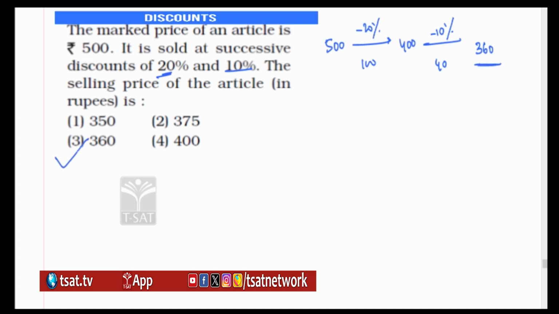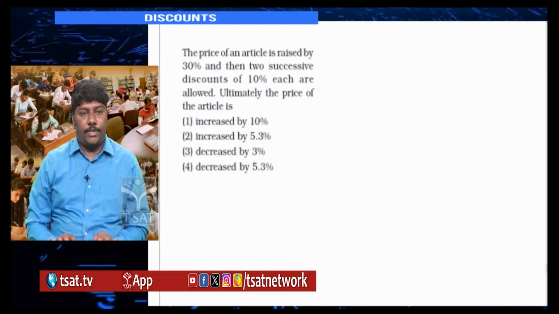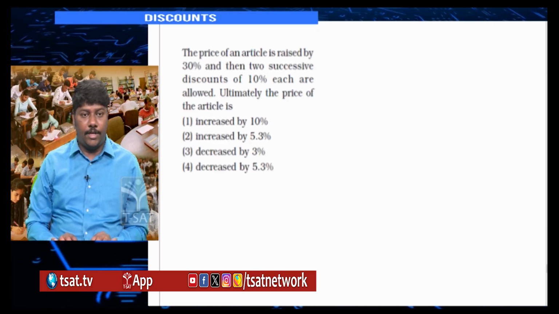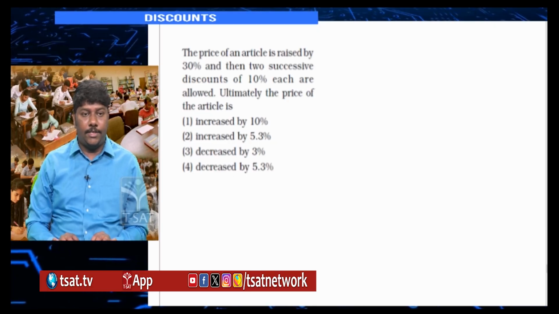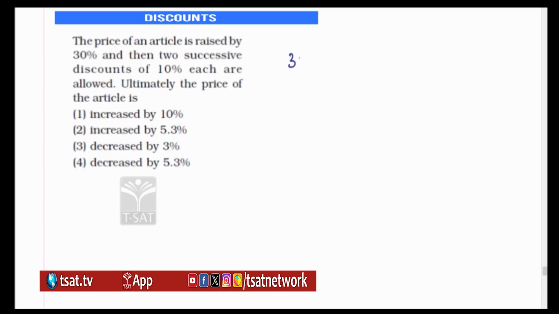The price of an article is raised by 30% and then 2 successive discounts of 10% each are allowed. Ultimately, the price of the article is, first you are increasing it by 30%, then 2 discounts of 10 and 10. 10 followed by 10 is actually 19% if you use the formula. So you are actually decreasing it by 19%.